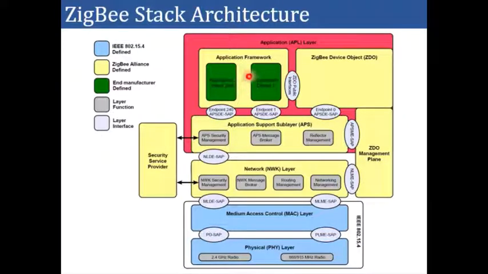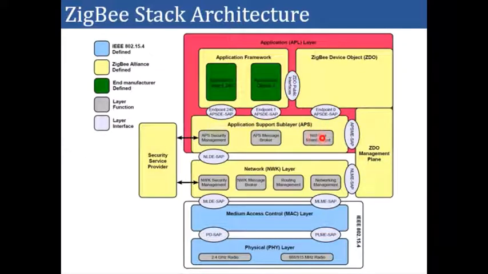Then when you develop those applications, they will talk to the Zigbee stack through the various service access points. So here you will utilize APSDE-SAP, that is the application support sublayer data entity service access point. So for each application you will have the service access point so that you can communicate with the Zigbee application support sublayer.